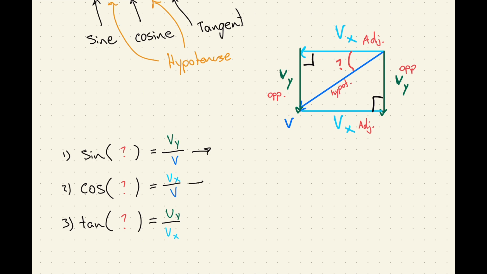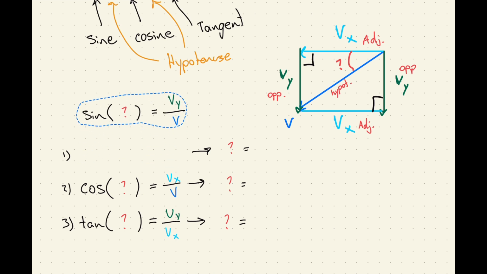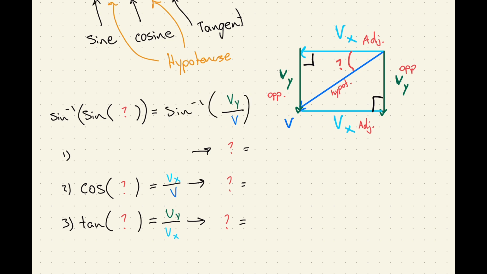So here I will write an arrow. What we're going to do is isolate this question mark. And how you do that is you take an inverse function on both sides. So if I take just this equation here and I take inverse sine on this side and put this entire thing in here, then on this side, whatever I do to one side, I do to the other, inverse sine on this side.